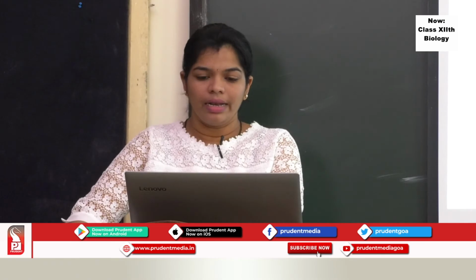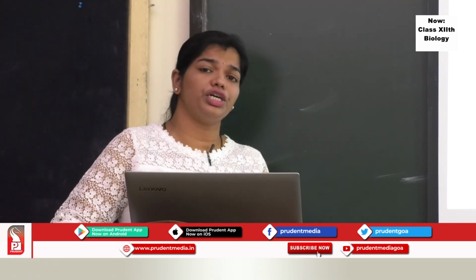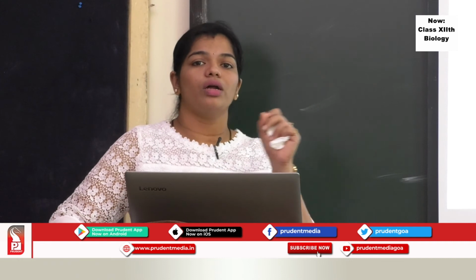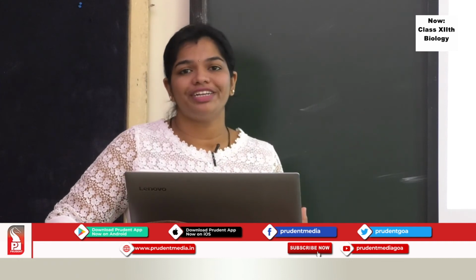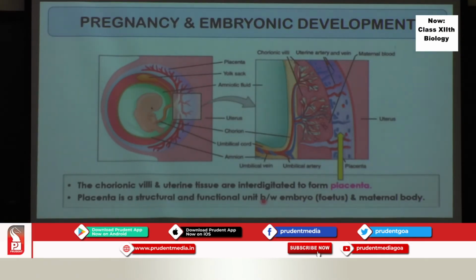This chorionic villi is integrated with the uterine tissue, and together it forms the placenta, and placenta is a structural and functional part, the connection between the fetus and the mother. So it's a functional and structural unit between the embryo and the maternal body. That's what connects the embryo to the maternal blood or the maternal body.